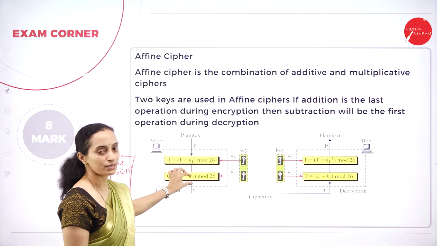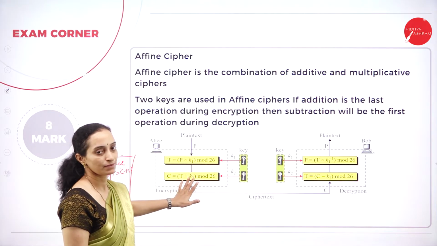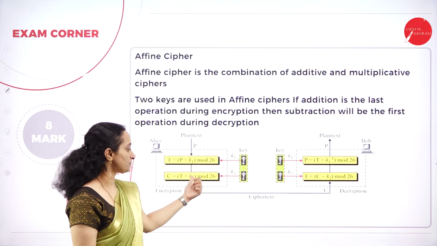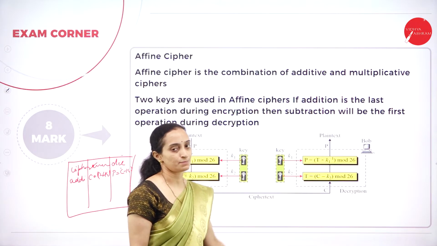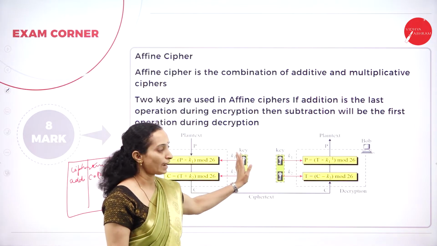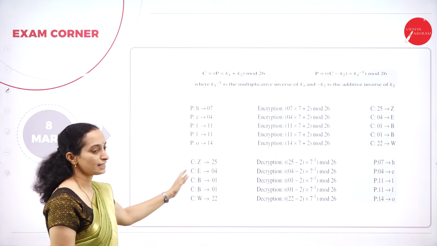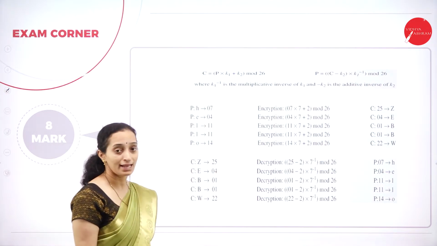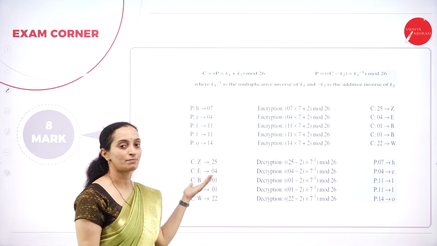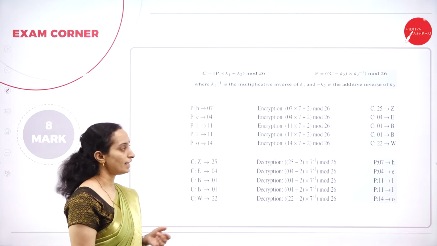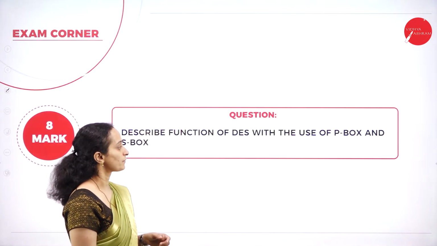Just add important expressions. Okay, so encryption expression, decryption expression. Write these and the keys. That is enough. Write the explanation and give an example. You can take any example. This is not mandatory. You can give any example of your choice.